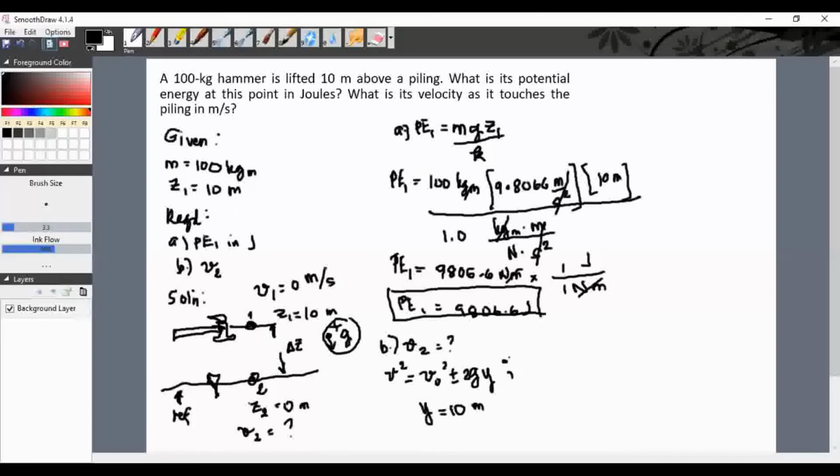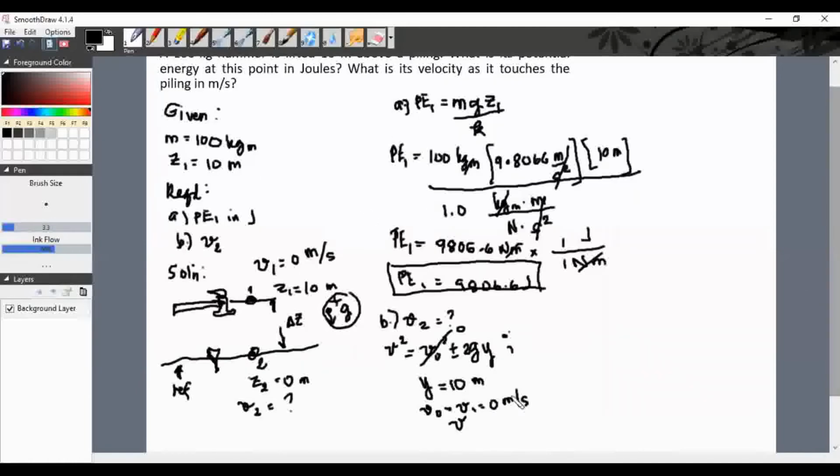Our V sub O, the initial velocity, that is your V sub 1, which is 0 meter per second, so this cancels out. And your V is the final velocity, V sub 2, which is the requirement of the problem.